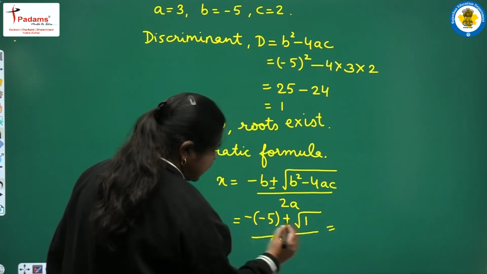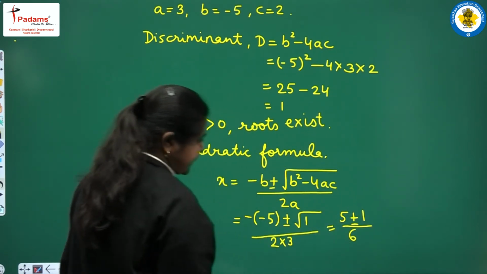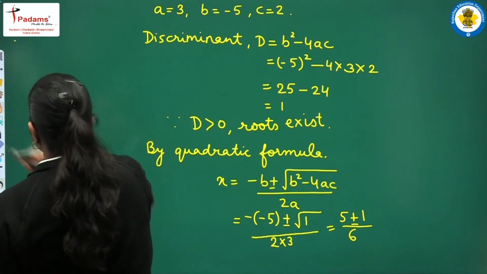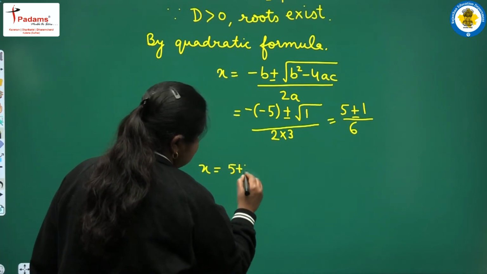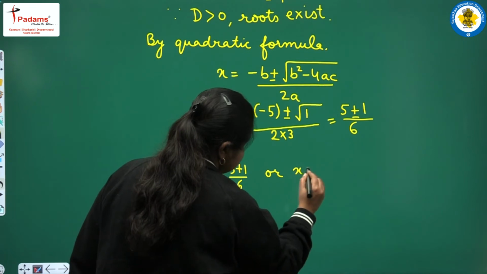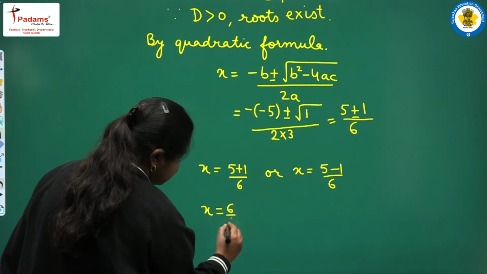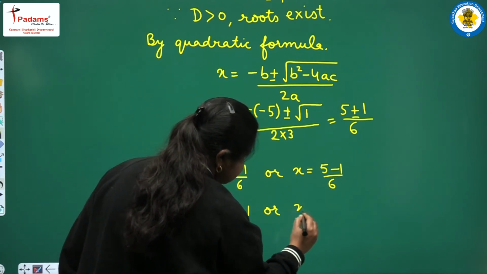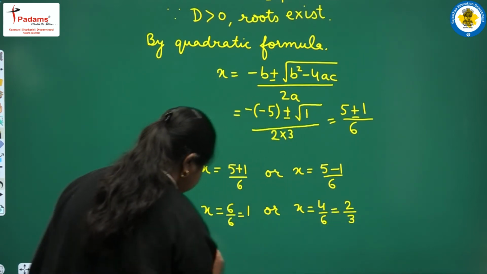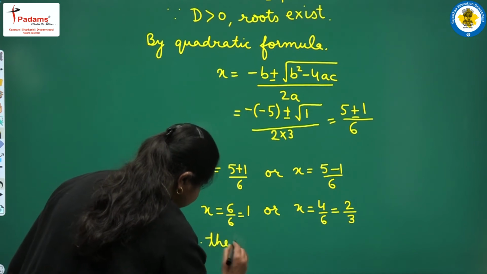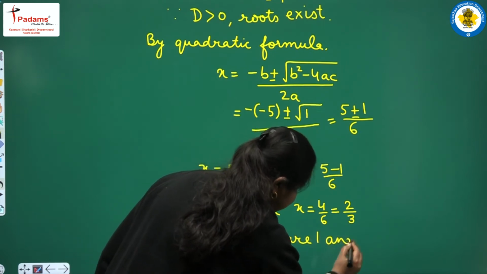This will be now minus minus plus 5 plus minus square root of 1 is 1, and here we have 6. From here we get two values of x as x equal to (5 plus 1) upon 6 or x equal to (5 minus 1) upon 6. So x is equal to 6 upon 6 equal to 1, or x is equal to 4 upon 6. Dividing by 2, you will get 2 by 3. Therefore, the roots of the equation are 1 and 2 by 3.